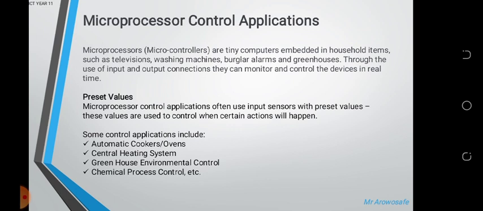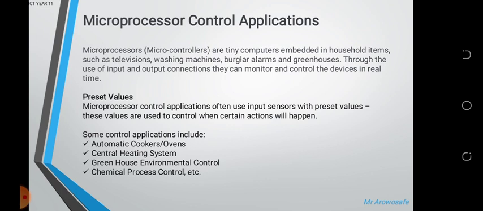Now on the screen, you can see some control applications. On my screen here, I have about 4 control applications. Number 1 is automatic cookers or ovens. Number 2, central heating system. Number 3, greenhouse environmental control.